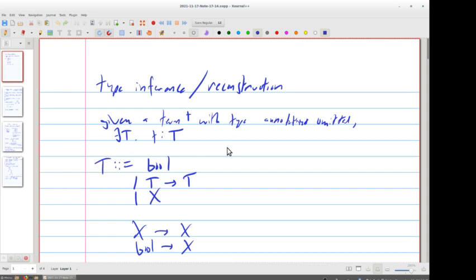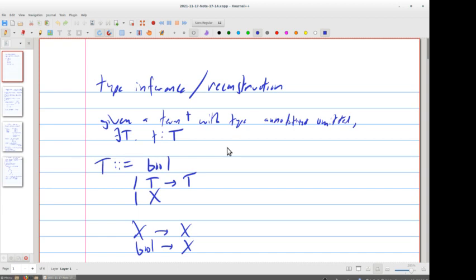The idea is that we take our types, whatever they were before, maybe Boolean and arrow types, and add type variables. So now a type can also be a type variable, which is just a string. Given a term, it could now contain type variables in places where types would normally appear. Here are some example types.